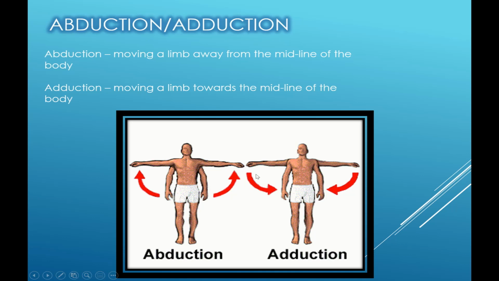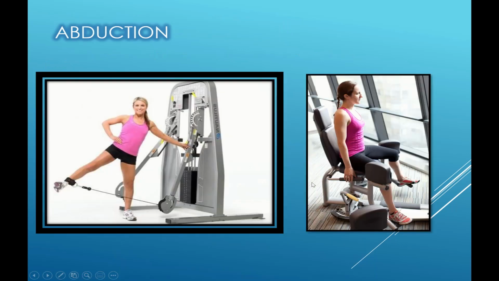Adduction is when we are moving the limb back towards the midline, so we are adding it back to our body, and this is known as adduction. We can also see from the groin abductor, the leg abductor machine, that as the knees move away from the midline of the body, we are abducting the femur. Again, this is taking place at the ball and socket joint of the hip.